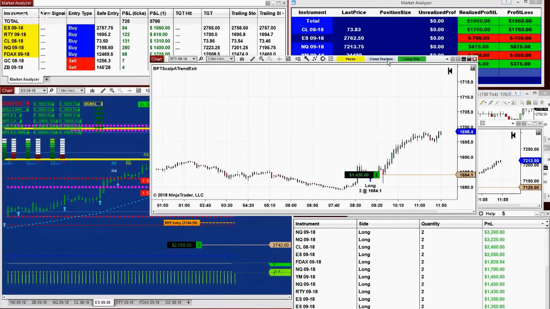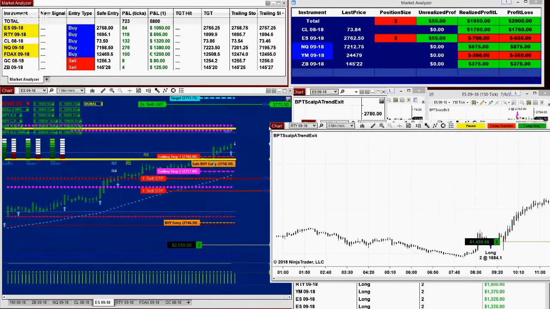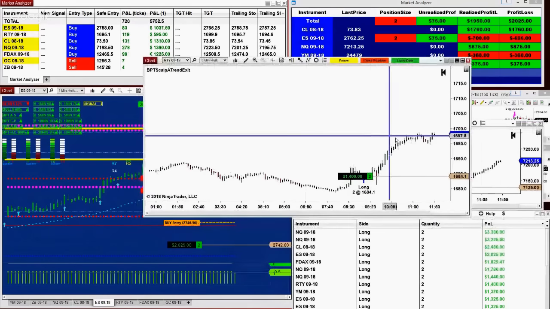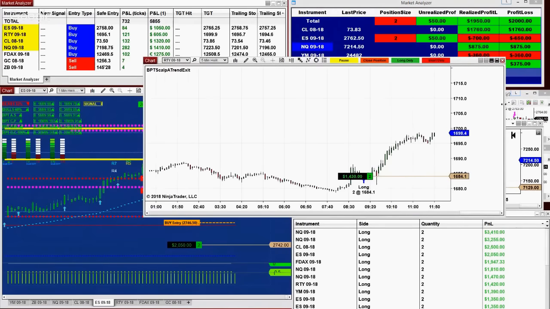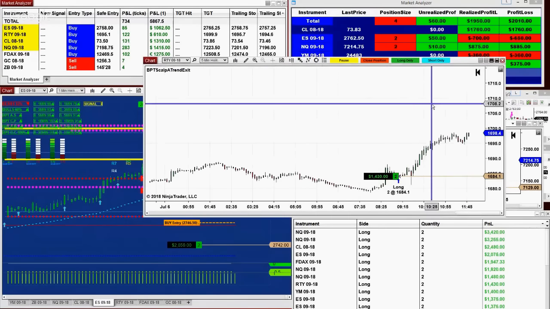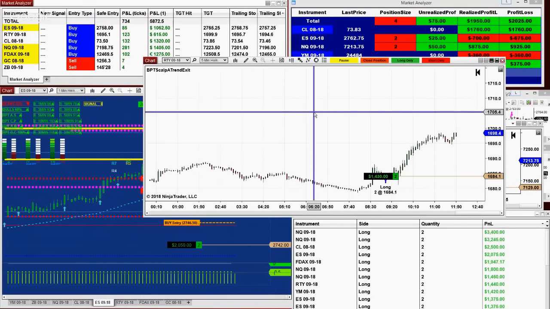So you can close a position, or direct the auto trade long or short by clicking, or if you want to, you can direct the auto trade short only or long only, or if you are flat, you can pause the auto trade and it will not take any trade.